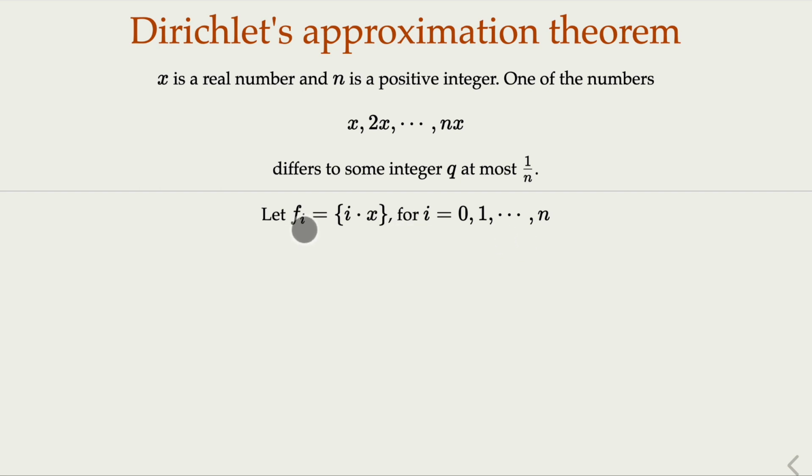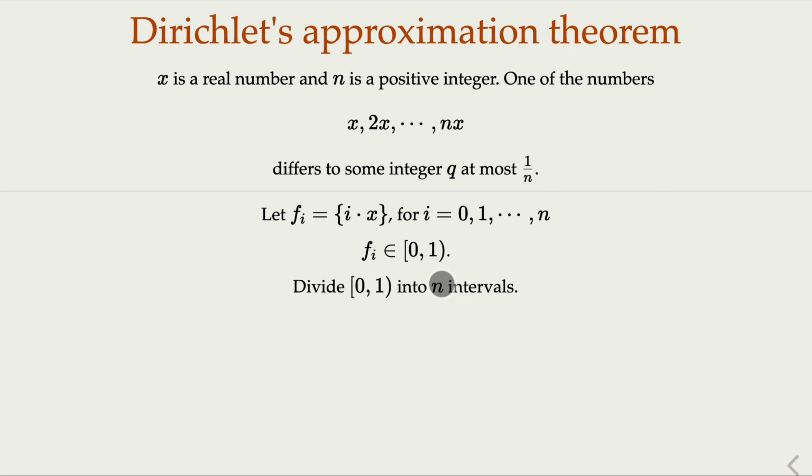Consider this f_i. First, we claim that f_i always falls into the interval [0, 1), 0 inclusive. That is, if you have a whole integer, the fractional part would be 0, right? And the fractional part can never be greater than 1. Now, we're going to subdivide this interval into n equally spaced intervals, each with length 1 over n.